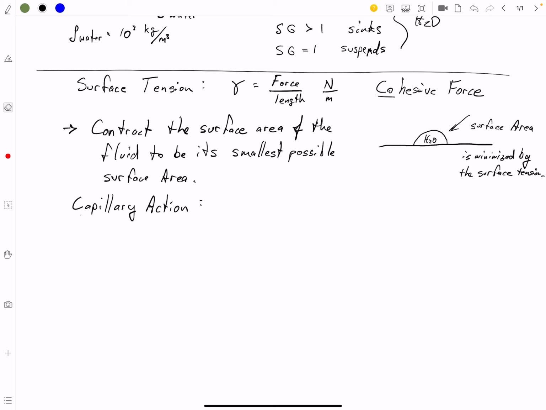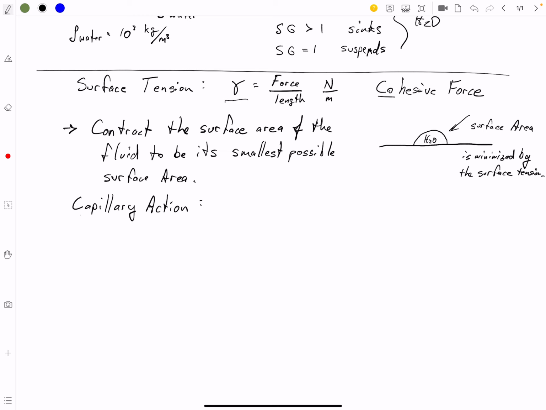And capillary action is a little bit different. We don't have surface tension. We don't have a gamma for capillary action.